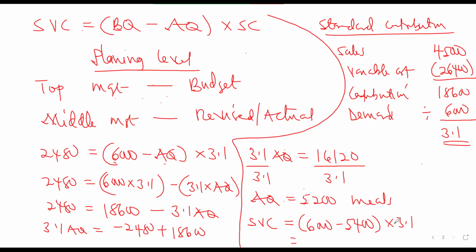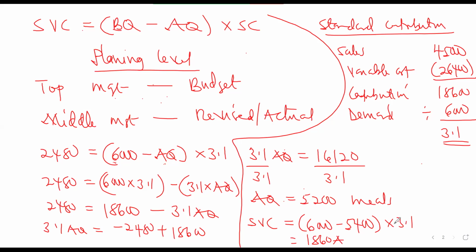What will be the answer? 1,860. So that will be 1,860 adverse, isn't it? Yes. But what did we do? We are calculating this at two levels.